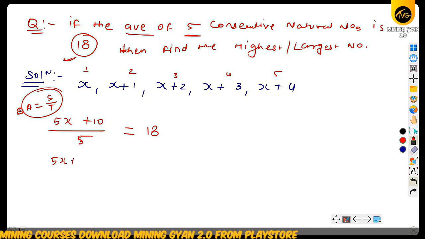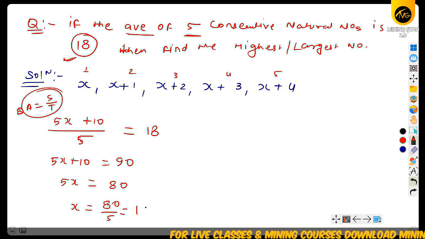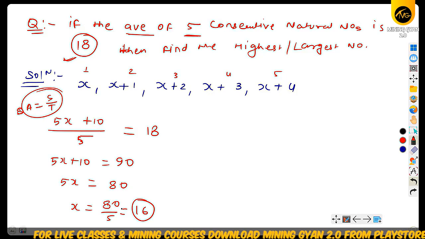So 5x plus 10 is equal to 18 into 5. 18 into 5 is 90. So 5x is equal to 90 minus 10, that is 80. Now x is equal to 80 divided by 5, so the answer will be 16. Okay, 16, correct.